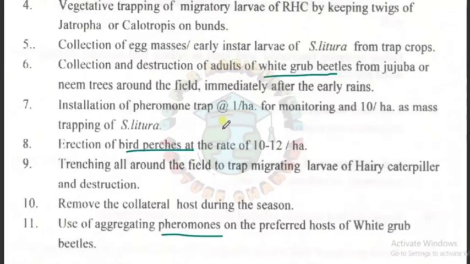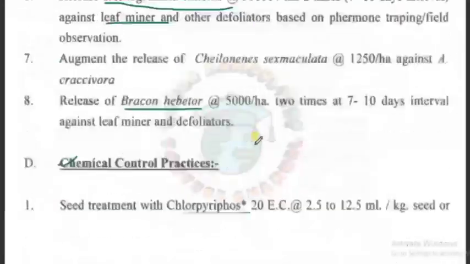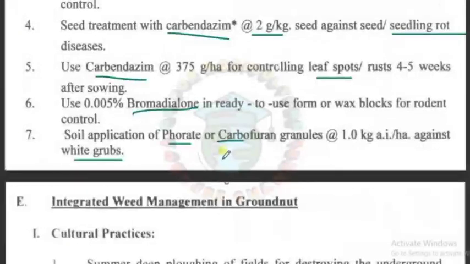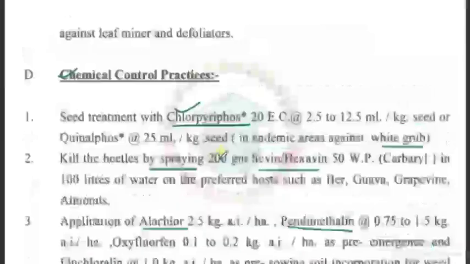For example, if there is a chemical control in groundnut, for example chloropyrifos है, ये तो 2.5 to 12.5 ml in groundnut, लेकिन wheat और rice में अलग होगा. It can be like 10 to 20 ml ऐसे हो सकता है. So you just have to remember these names. These names are very important, and also remember the approximate value. That would be enough for you, ठीक है, in the examinations.